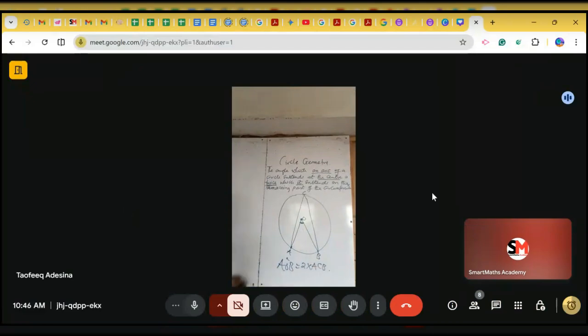If I draw one like this and one like this, with the same angle at point B, it means AOB is 2 times that angle.